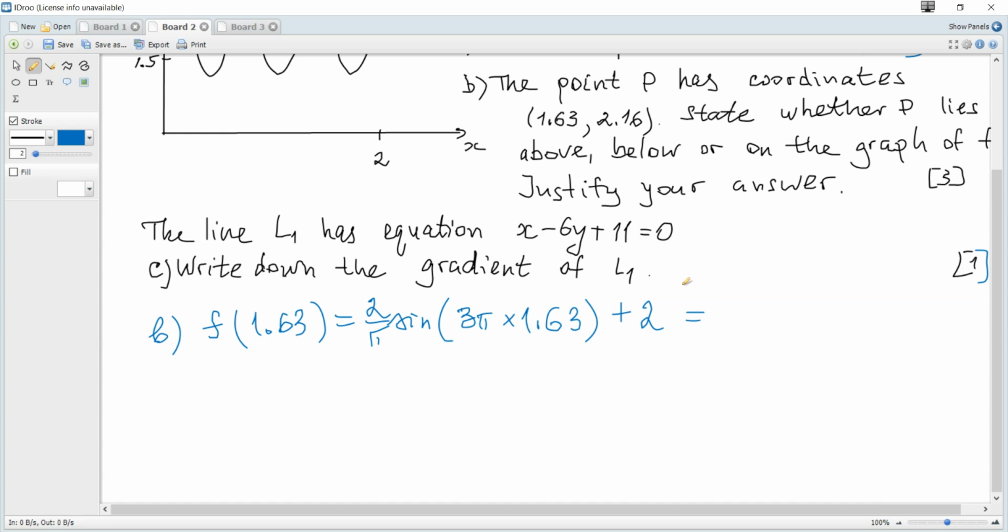It means what value of y a point must have to lie on the curve when x is 1.63, and then we'll compare with 2.16.